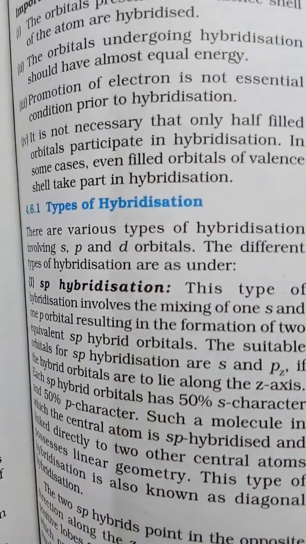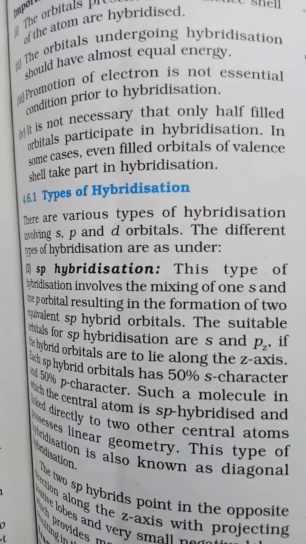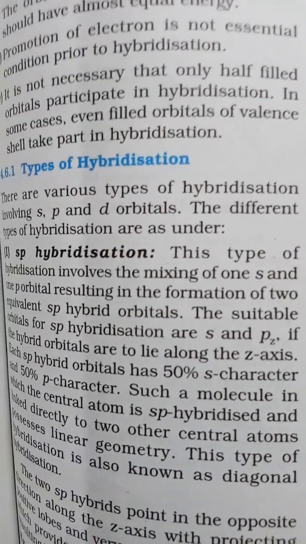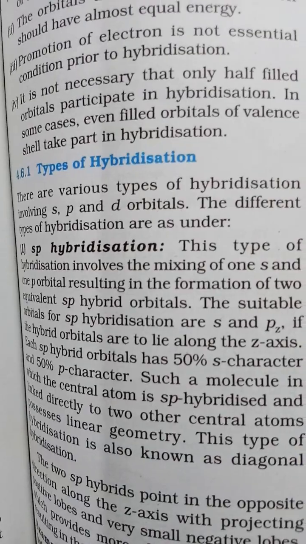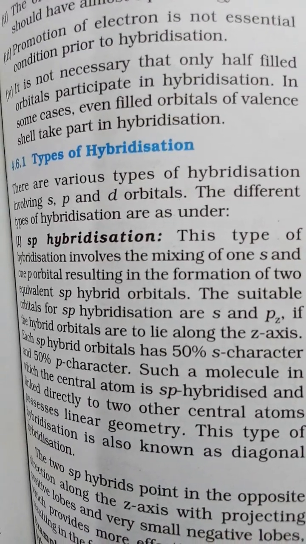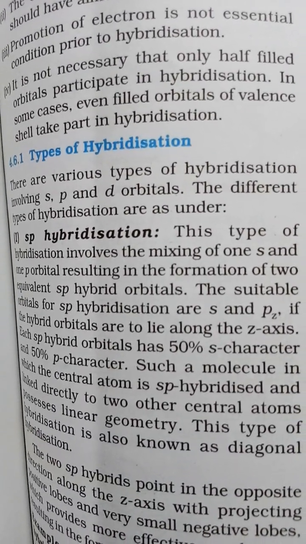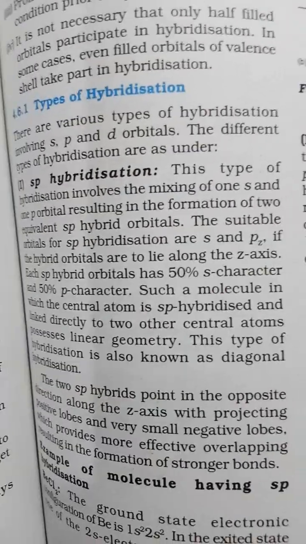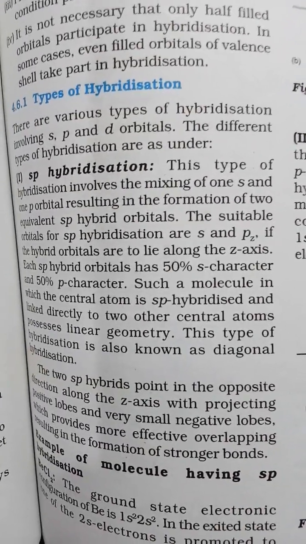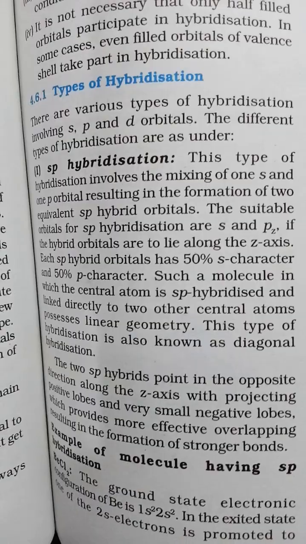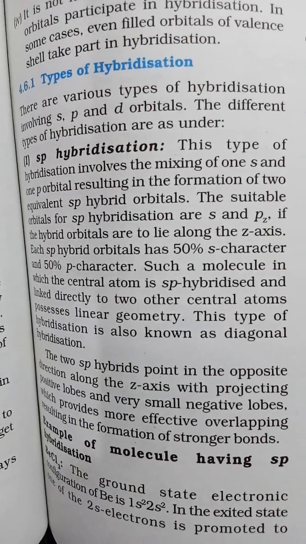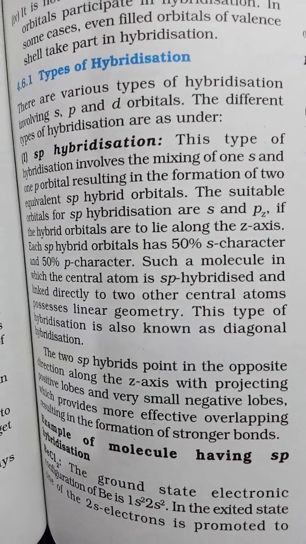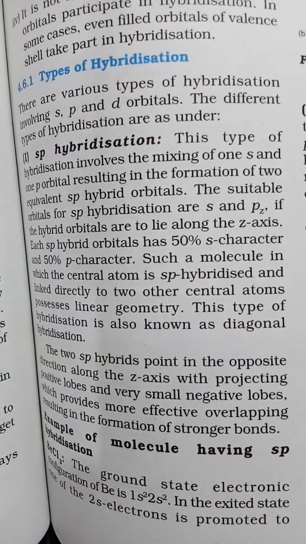Types of hybridization: there are various types of hybridization involving s, p, d orbitals. The different types of hybridization are as follows. sp hybridization: this type of hybridization involves the mixing of one s and one p orbital, resulting in the formation of two equivalent sp hybrid orbitals. The suitable orbitals for sp hybridization are s and pz.